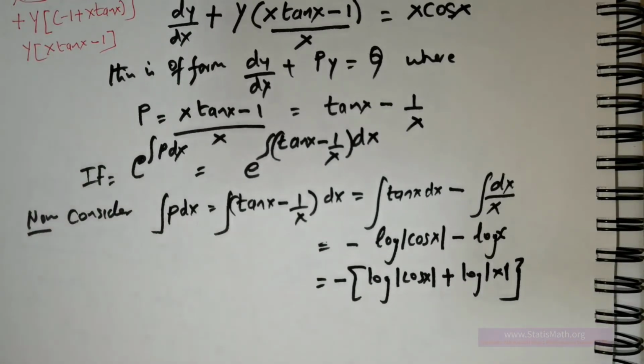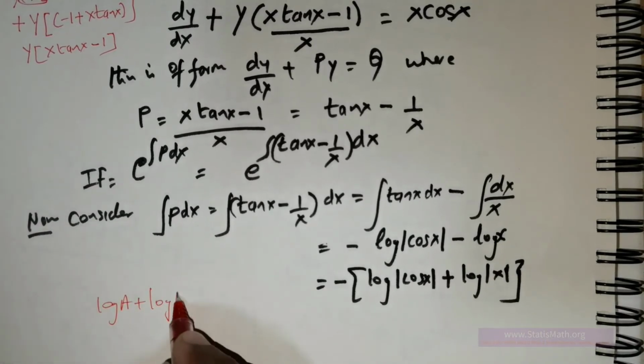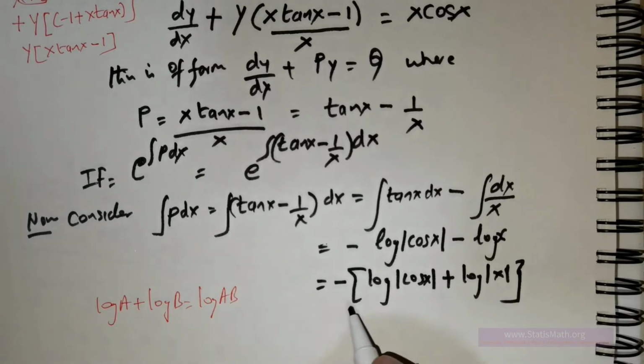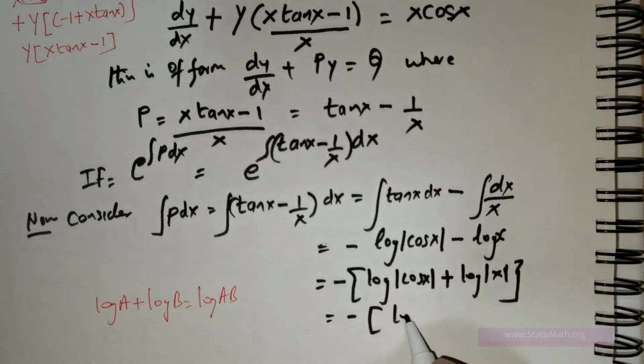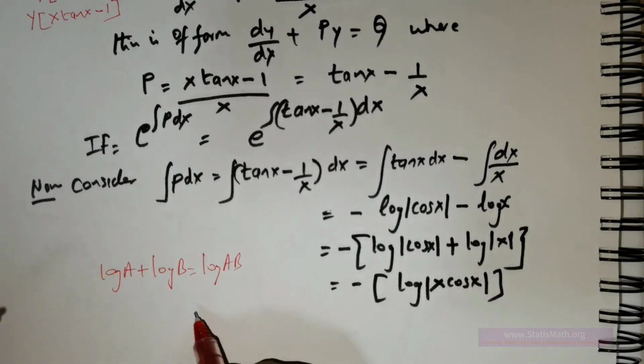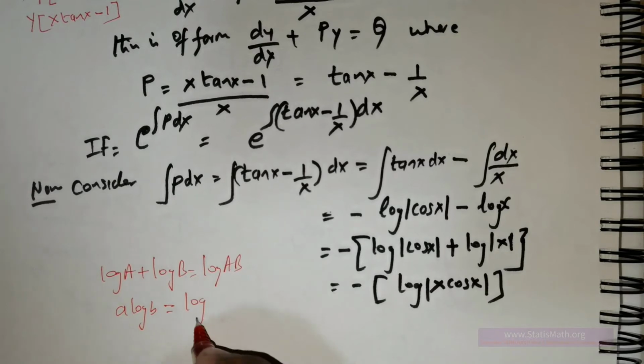Now I know a formula. What is that? Log of a plus log of b is log of ab, right? So this is equal to negative of log of x times cos x with a modulus sign. Now I also know another formula. What is that? A times log b is equal to log of b raised to the power a.